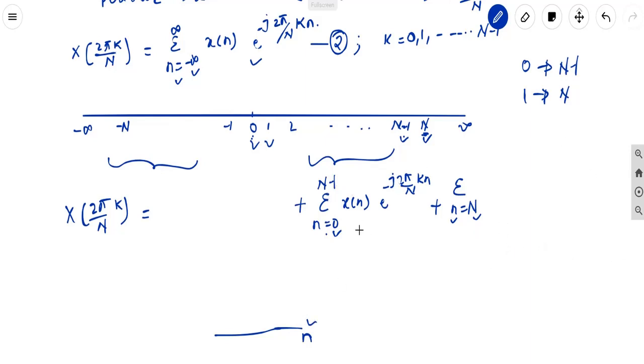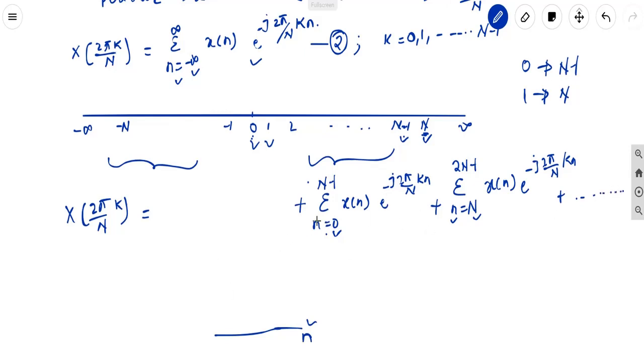Okay, so if I add N here and here, this becomes n plus N, 2N minus 1. So x of n e to the power of minus j 2 pi by N kn. Okay, so plus you can take many ranges like this after this, so I'll write it as dash dash dash.